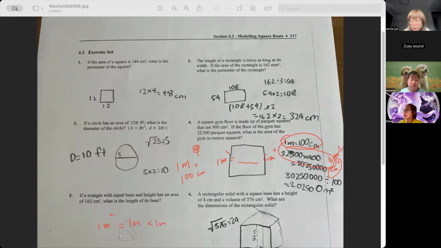Correct, Zoe and Amelia? Okay, so 1 meter equals 100 centimeters, and 1 meter also equals 100 centimeters. So together it should equal what? 10,000 centimeters squared.